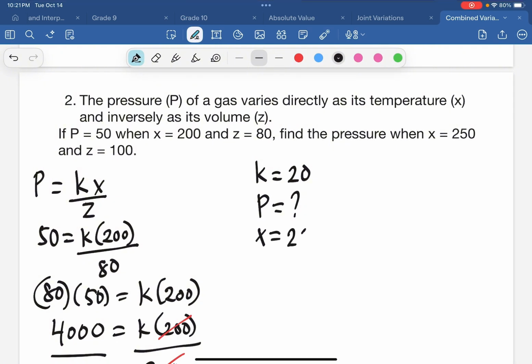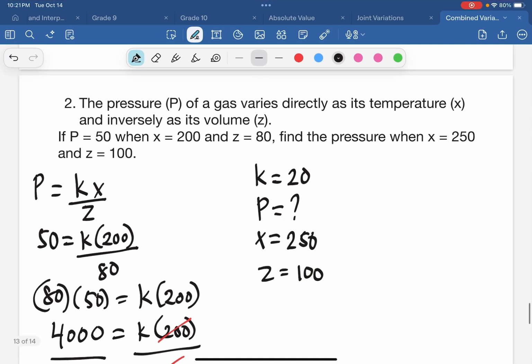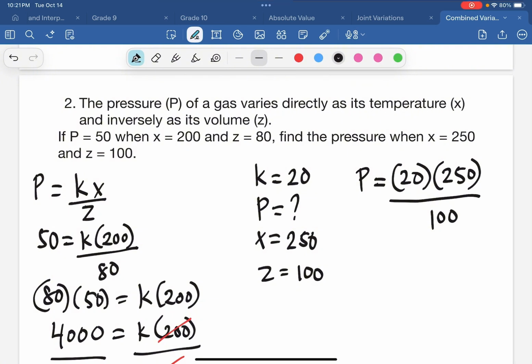X is 250. And Z is 100. Based on this, we could have P is equal to 20 times 250 over 100.